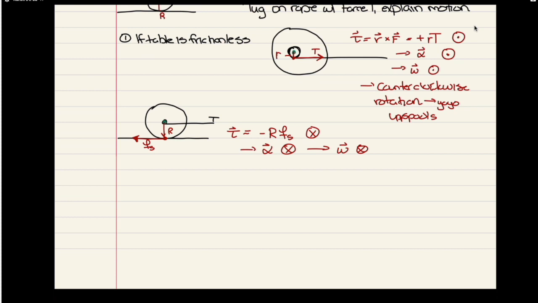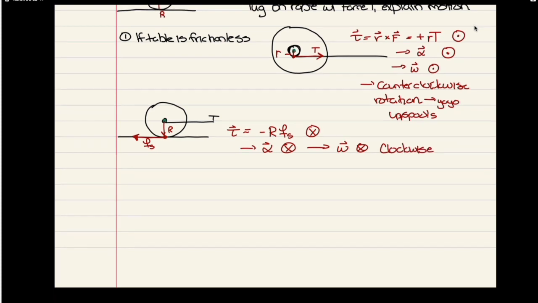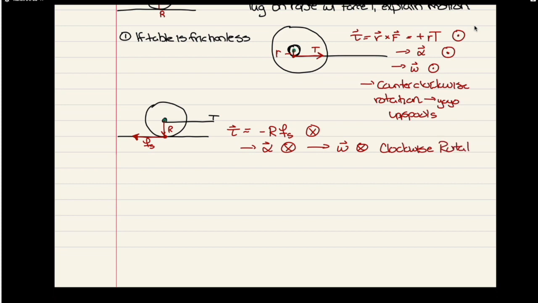In this case that is clockwise rotation, because if my thumb points into the screen, the only way I can curl my right hand fingers without snapping my wrist is clockwise. So the yo-yo is going to spin or roll in the clockwise direction. In this case, it wants to roll to the right.